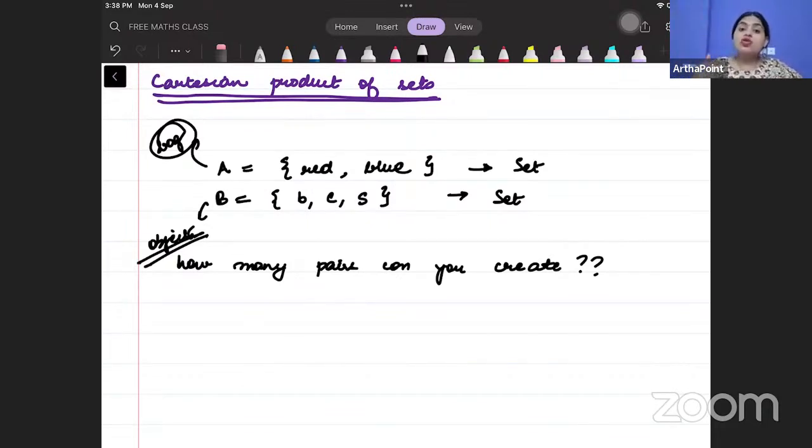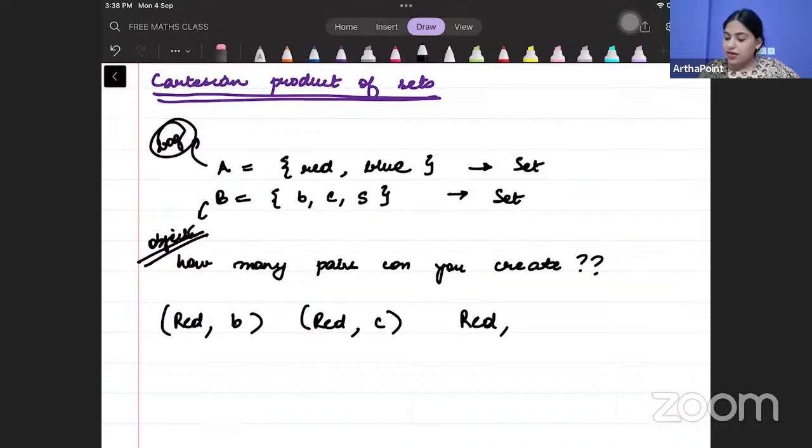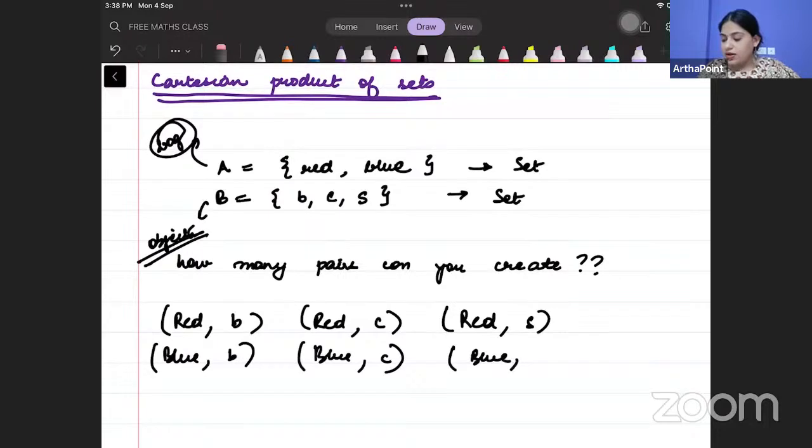So how many pairs of colored objects can be made from these 2 sets? What will you say? You will say ma'am, red bag can be with b, red bag can be with c, red bag can be with s. Then blue bag can be with b, blue bag can be with c, and blue bag can be with s. These are the 6 distinct objects that you can get. This is called as Cartesian product. इसको हम Cartesian product बोलते हैं.